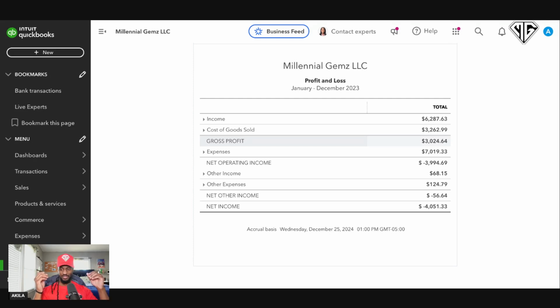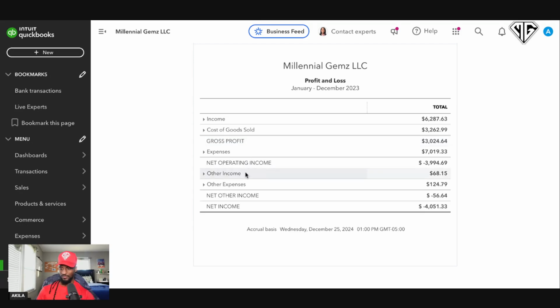My MacBook, I guess, would be an expense because I need to use it. Or actually, maybe not your MacBook. But there are certain expenses that help you run the business every day, like any software you have to pay for. Think of those as expenses.